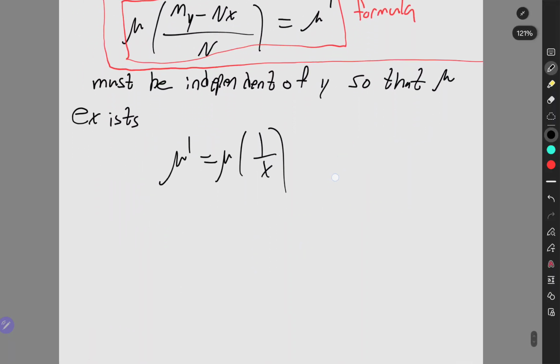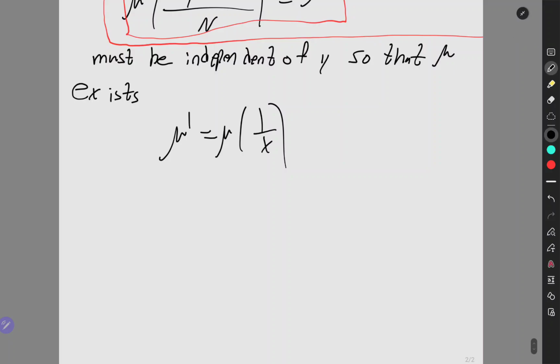We'll go back to here. We need to solve for mu. Well, I guess we integrate both sides, right? This will become mu, and this is with respect to, I think, x, right?